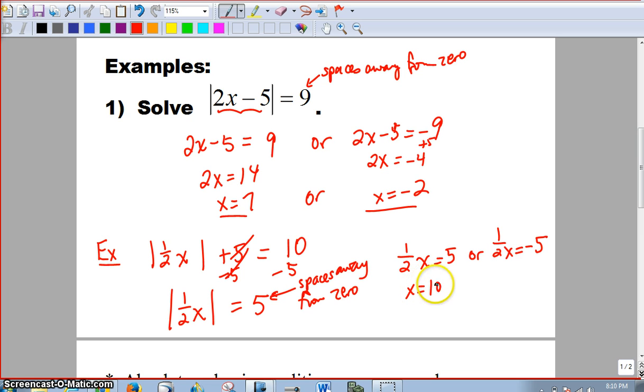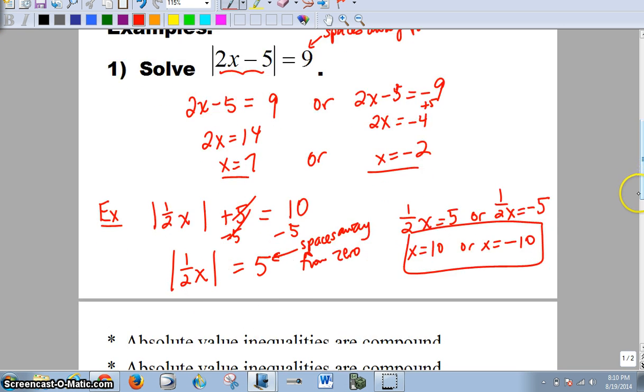So x could be 10, or x could be negative 10. Two solutions. So we just remember that before we do anything, we want to get the absolute value sign by itself. Then that number on the right side represents spaces away from 0.